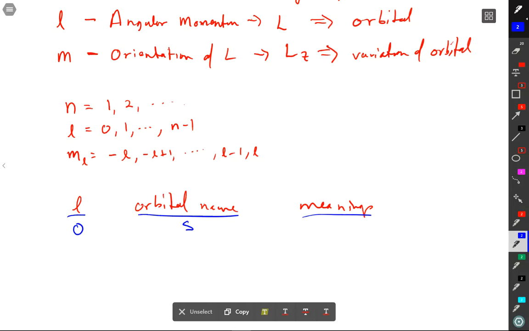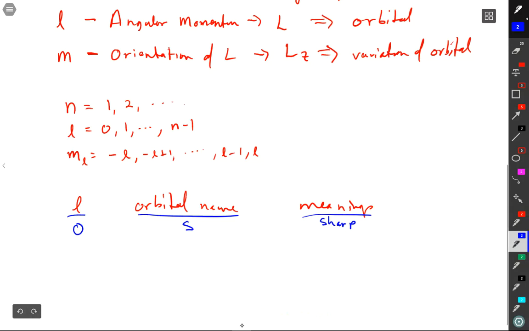So S means L equals 0. They're just different ways of saying it. And that stands for sharp, because you had sharp peaks. Remember in physics class when we used the glasses and we looked at the lines? Those lines were sharp. Then if L is equal to 1, that's a P, and I don't remember what P stands for. If L is equal to 2, that's a D, and that stands for diffuse, pretty sure.